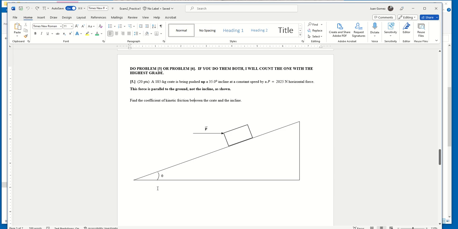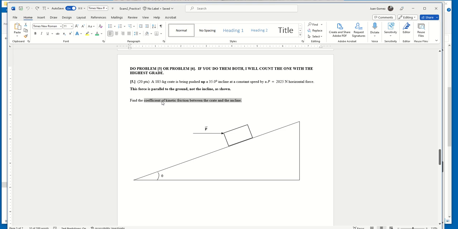So I know theta, I know the mass of the crate, I know the magnitude of the pushing force, and I want to find the coefficient of kinetic friction between the crate and the incline. I want mu k. Well, I know mu k will be Fk over Fn. Well, let's go ahead and solve this.